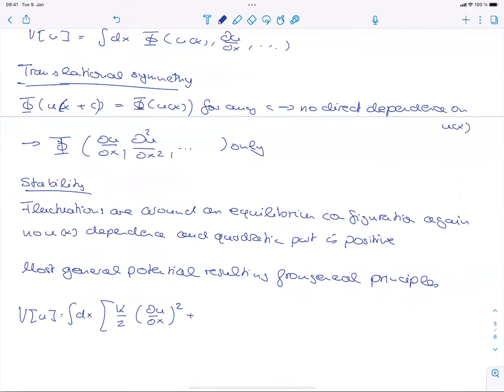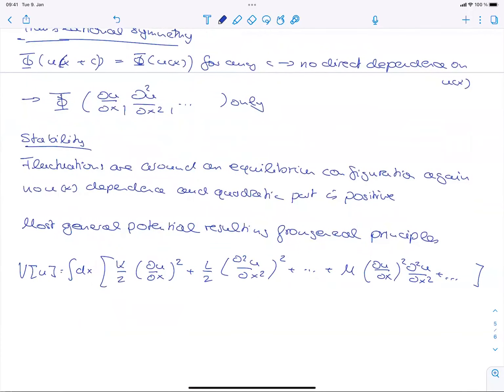There's another assumption I'm just going to write down. And in principle, I can also have these mixed terms here: U, dx squared, d squared u, and so on.